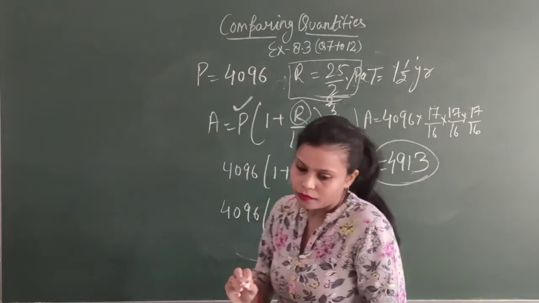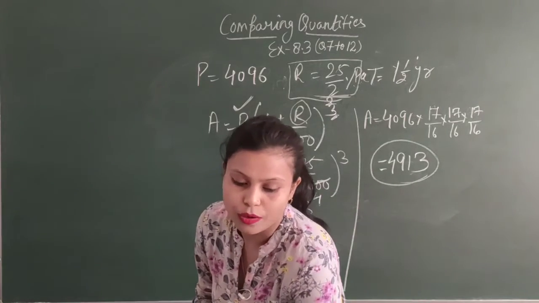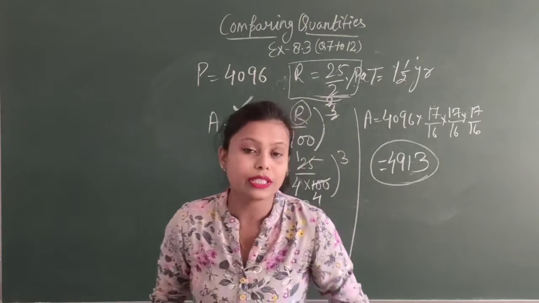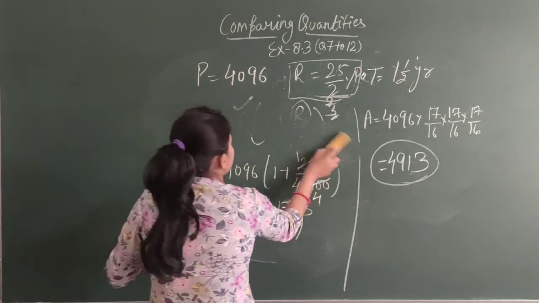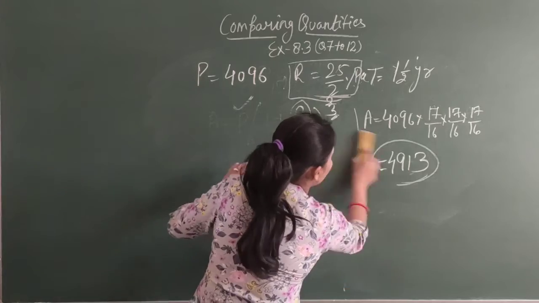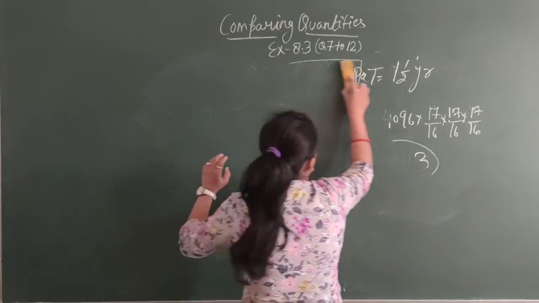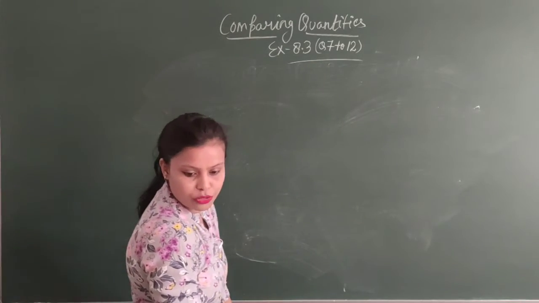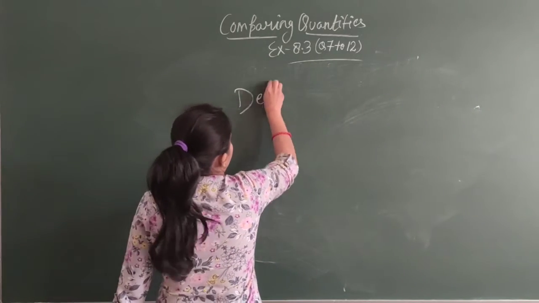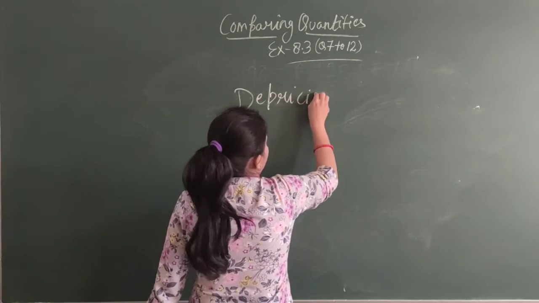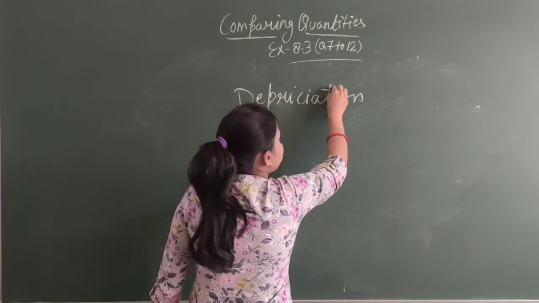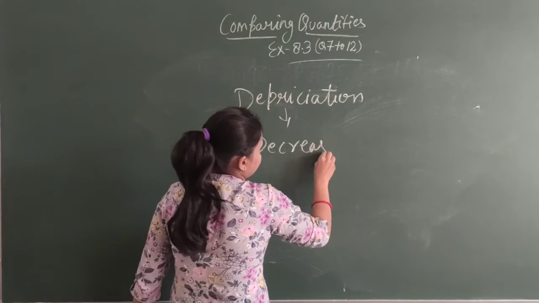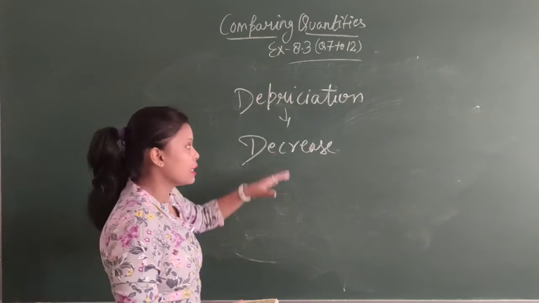Okay, let's do question number 12. Question number 12 is different from all the other questions, so I am explaining the concept behind it. This is given as depreciation. Depreciation means decrease.